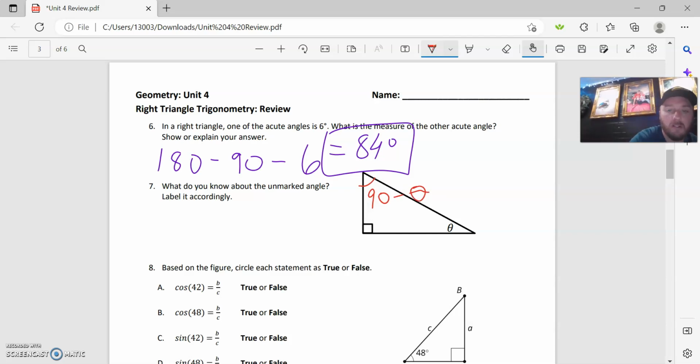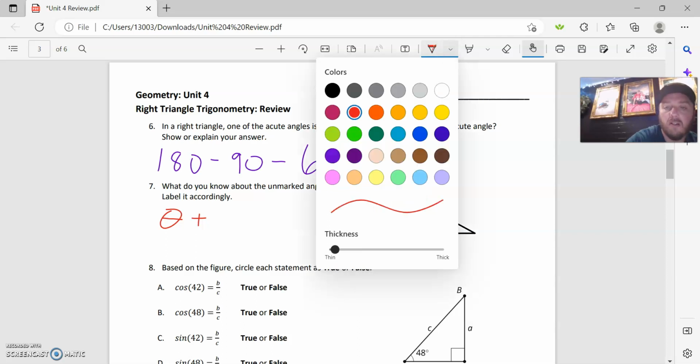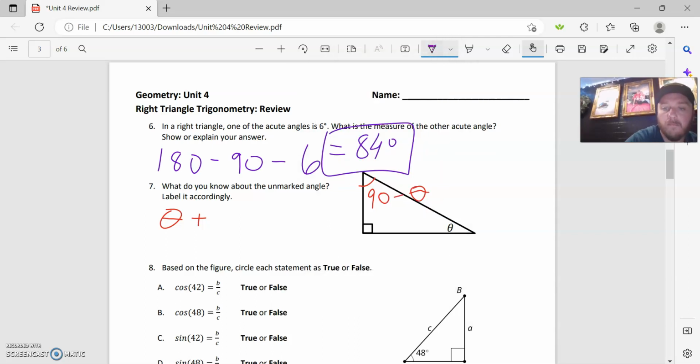So what do we know about the unmarked angle? The unmarked angle has to add with theta. Let me change that real quick. We had called it alpha. So theta plus alpha, we know together must equal 90 degrees.